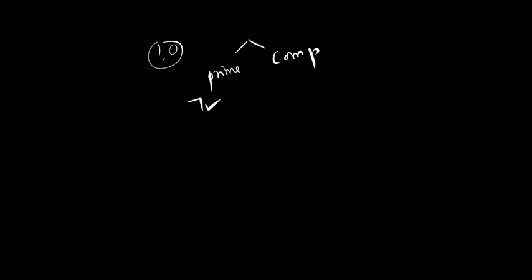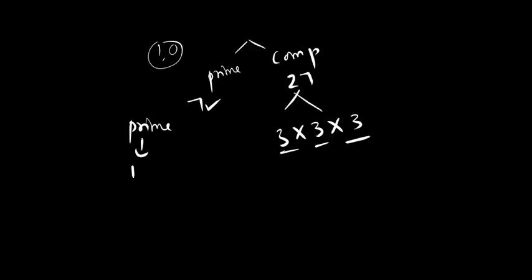If you take a composite number like 27, it can be written as 3 into 3 into 3. These 3s are prime numbers. So every number is made from prime numbers. Even a prime number is made from a prime number, right? So these prime numbers are called the building blocks of numbers.